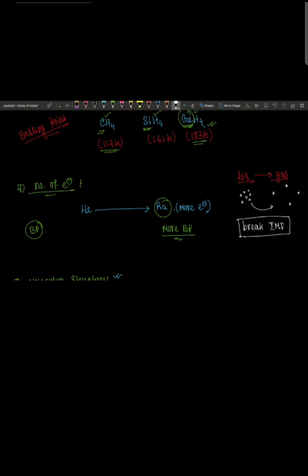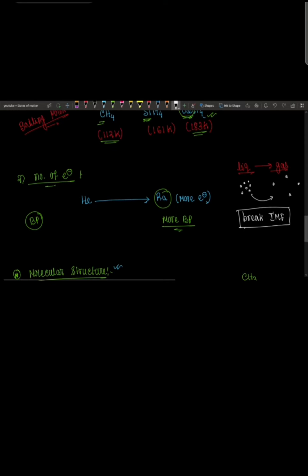When we are trying to change the states of matter, we are trying to break or make the intermolecular forces. Here in boiling point, we are definitely trying to break the intermolecular forces. That's why if you have strong intermolecular forces, the boiling point would be high.